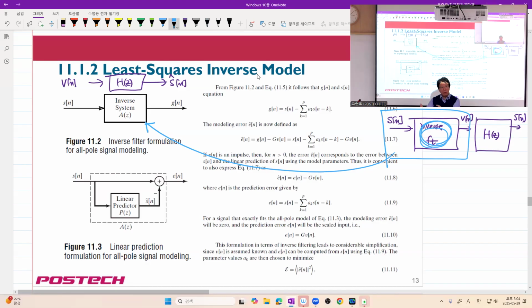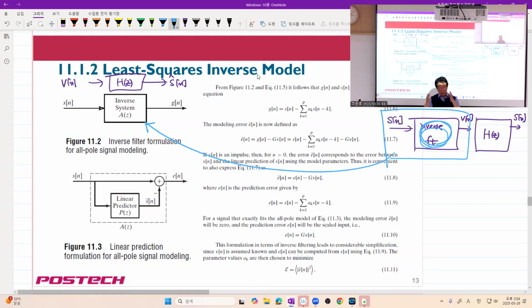So it's like this. Some models, even though they're simple, have hard-to-find parameters. And some models apparently look complicated, but there is an efficient way to find the coefficients, and we explore the system's capability. Almost the same thing happened in the history of signal modeling.